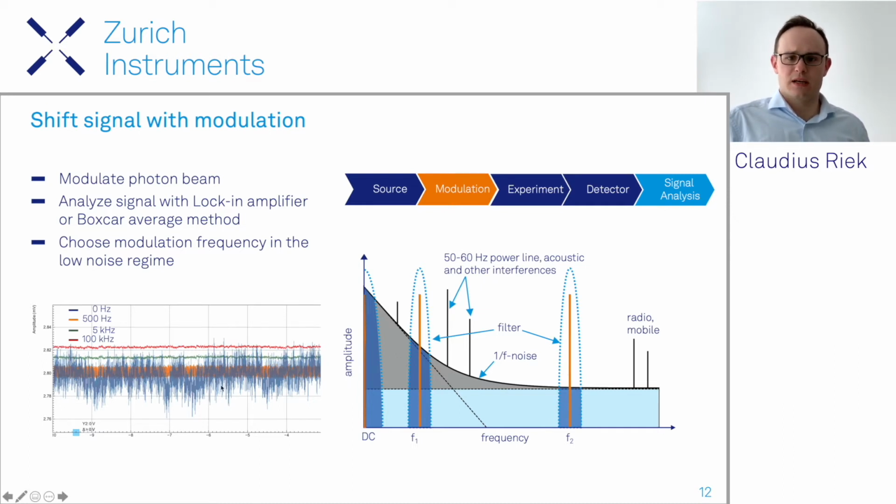On the left hand side, you see a nice comparison of different signals. We choose the same filter, once averaging over DC, then over 500 Hertz, 5 kilohertz, 100 kilohertz. And you can see already, in this case, a small modulation frequency can make a huge difference. This is only an example.